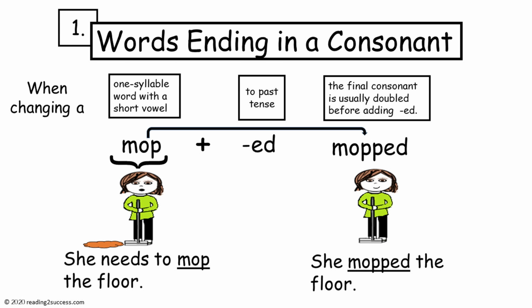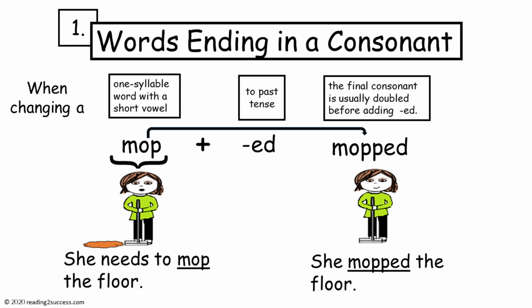Discuss 2 more examples with kids reviewing the first spelling rule. When changing a one-syllable word with a short vowel to past tense, the final consonant is usually doubled. Let's look at our first example. Our one-syllable word with a short vowel is pet.